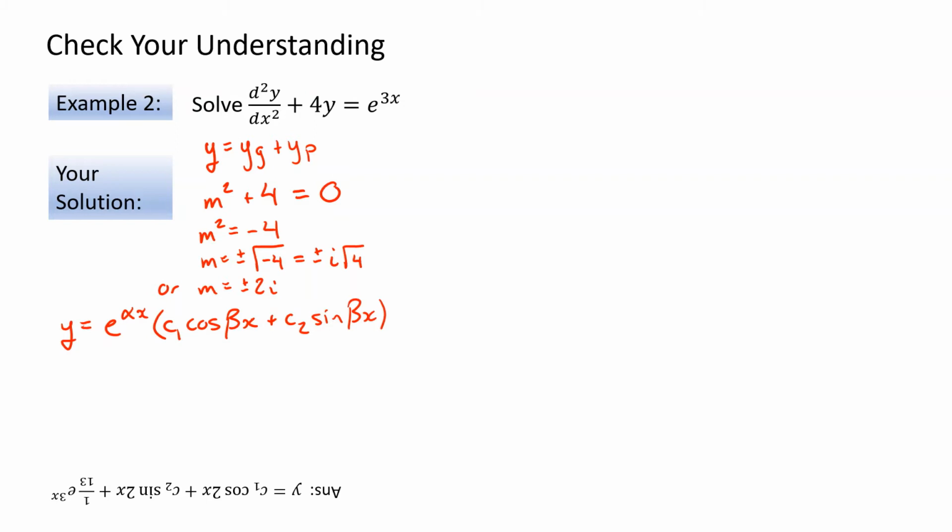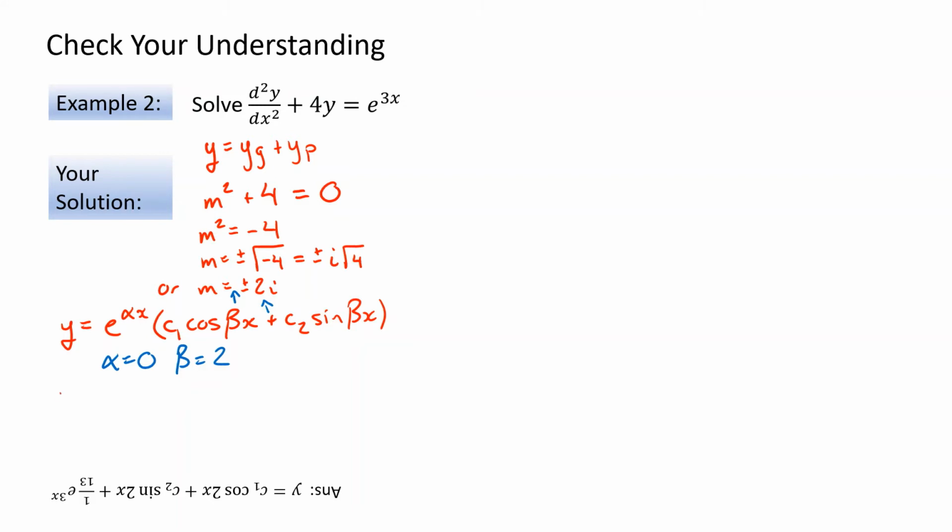And remember, alpha was the term before the plus or minus sign. So we don't have an alpha here. The alpha here is actually 0. The beta is the term on the other side where the complex number is. In this case, our beta is 2. So our alpha is 0 and our beta is 2.